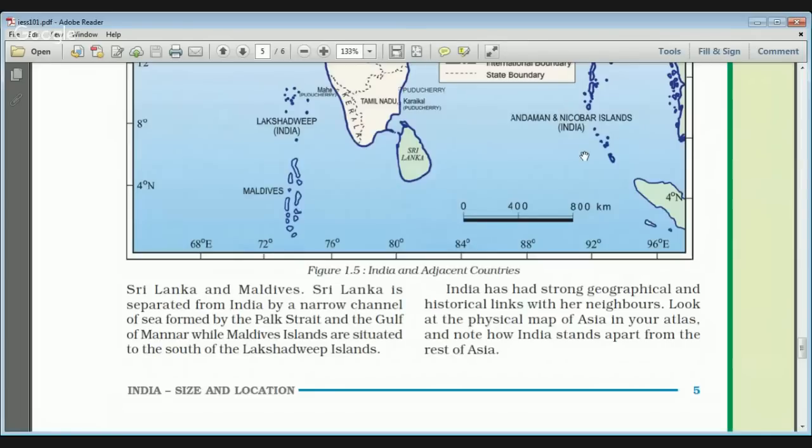The Gulf of Mannar and Palk Strait are present between India and Sri Lanka, while the Maldives islands are situated south of the Lakshadweep Islands.